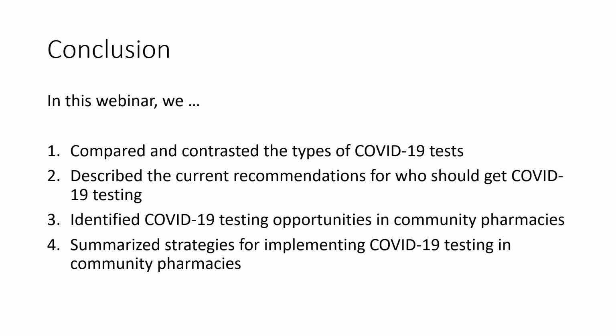And finally, your pharmacy can offer tests through point of sales as long as the tests you're offering are FDA authorized. Lastly, we went over several considerations your pharmacy should make when setting up a COVID-19 testing program, like regulatory considerations, patient education, availability and procurement of PPE, and operational considerations.